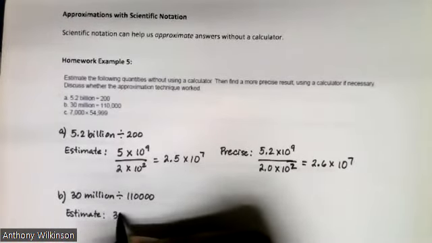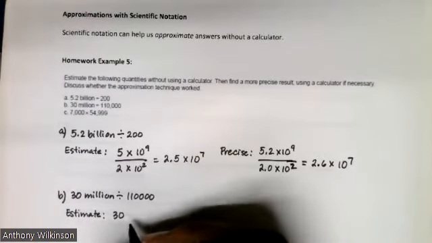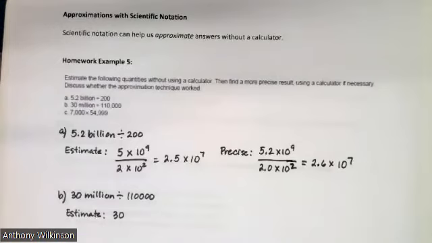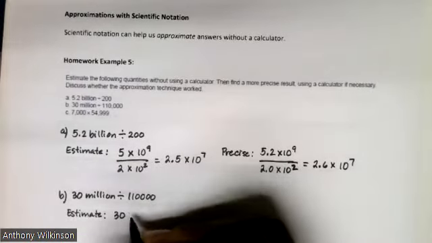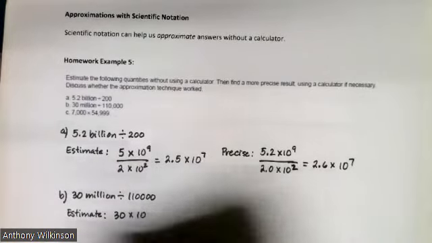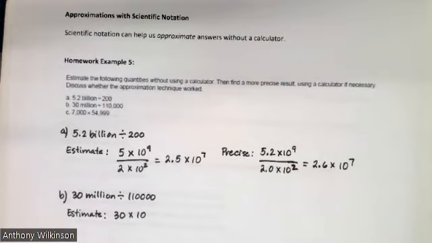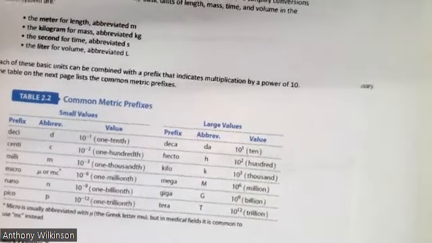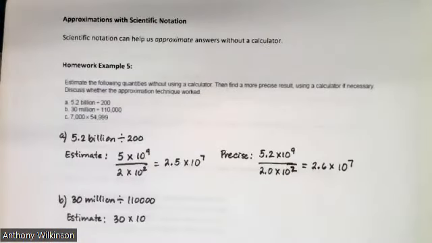Now the 30 million, let's write this as 30 times 10 to the 6th. Million, if you recall, is going to be 10 to the 6th as a power of 10.